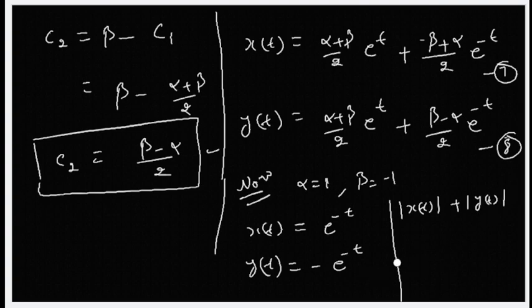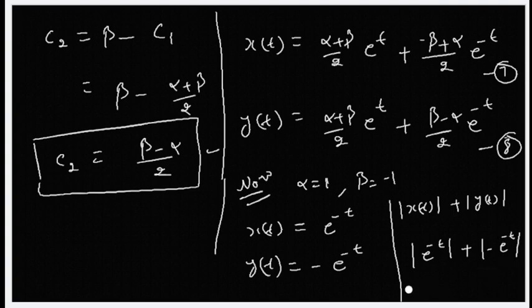So mod of x t equals what? It means modulus of e to the power minus t plus the modulus of negative e to the power minus t.